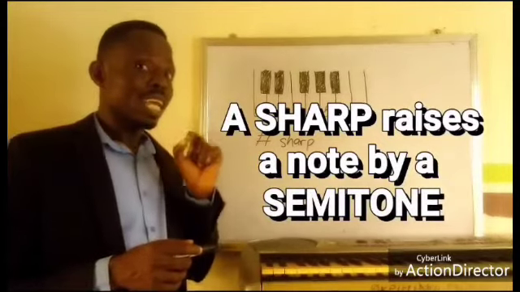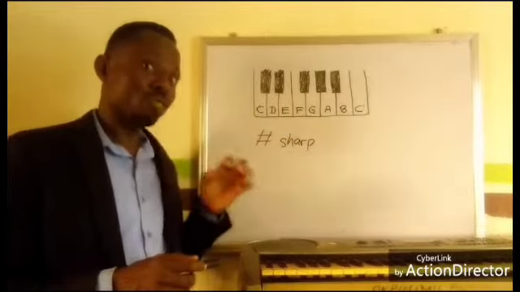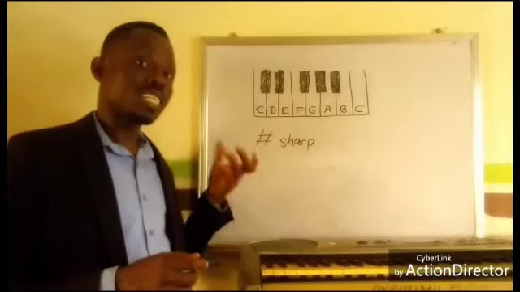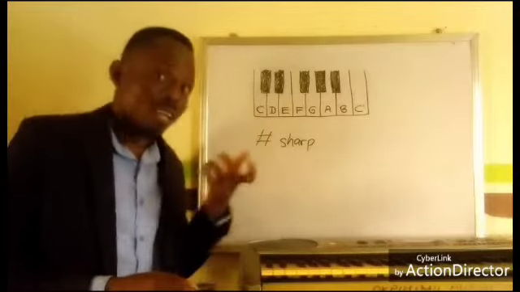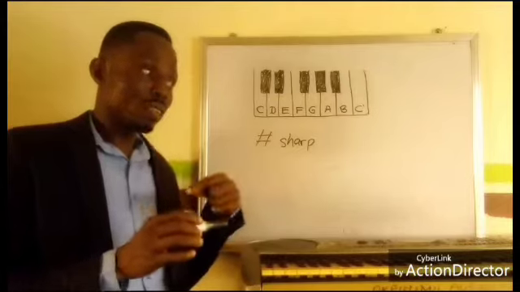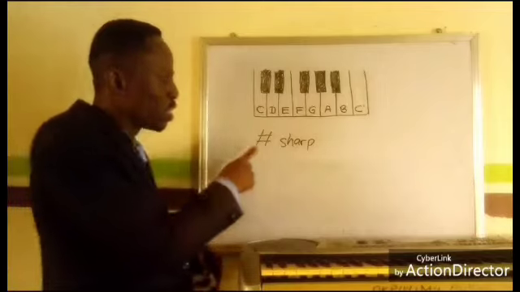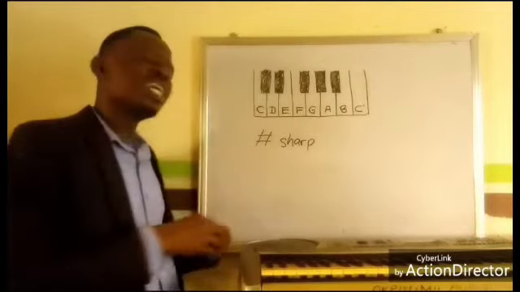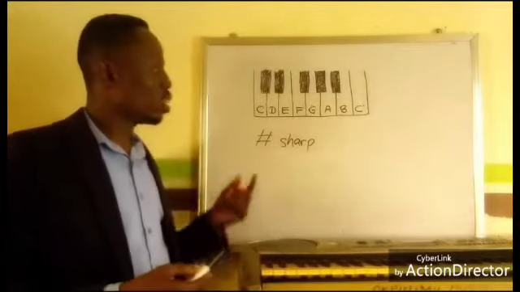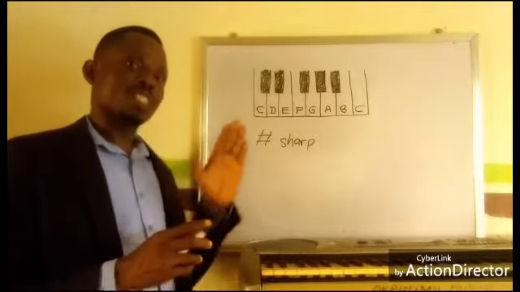Like I said, we talked about alteration of the pitch of a note: accidentals are symbols used to alter the pitch of a note, either by raising it or by lowering it. The very first one, the sharp, raises any note by a semitone.